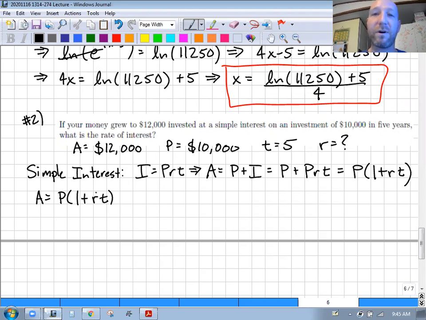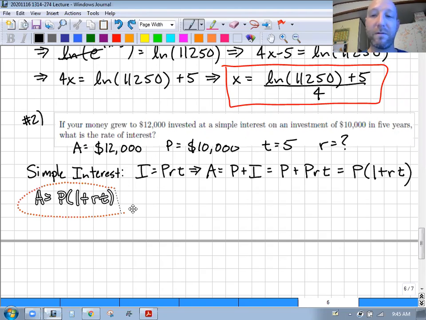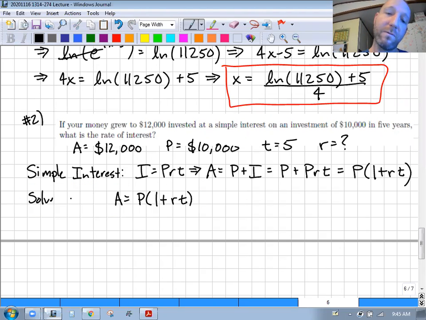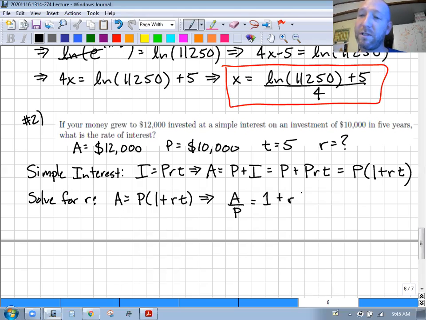We need to solve for R, right? So let's see, if we divide both sides by P, we have A over P equals 1 plus RT.